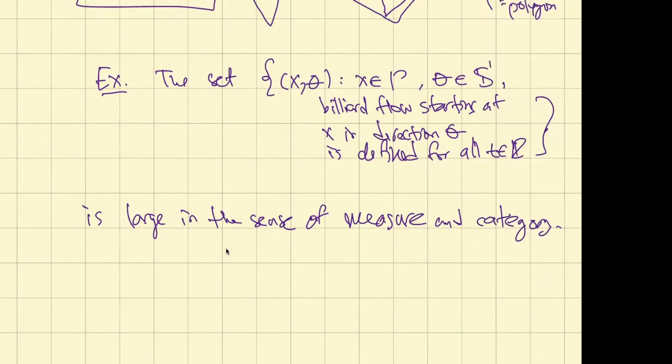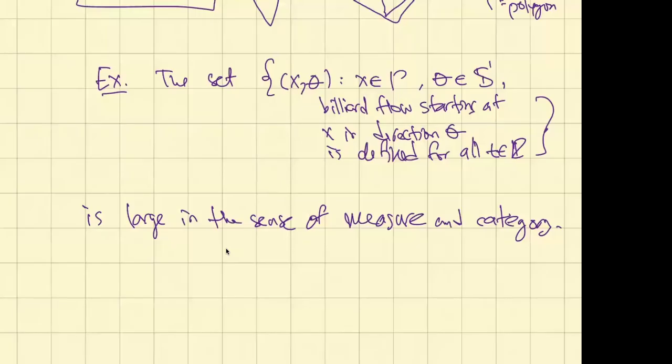In fact, measure theoretically, using the Lebesgue measure on X and the circle measure on the thetas, all but a measure zero set of points will never hit one of these vertices. Similarly, in the language of Baire category, it's a residual set, so it's a big set.